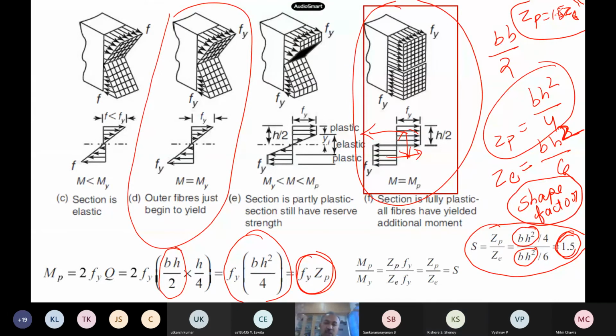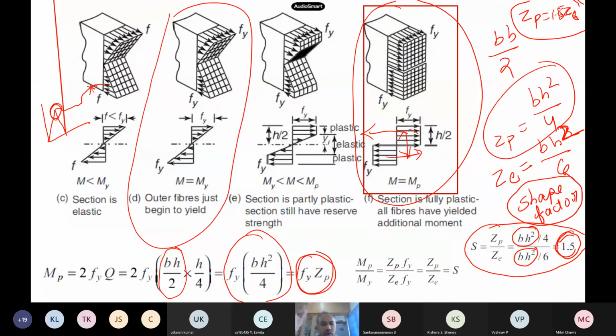Okay, so 50%. As I already told you, our problem is, what is meant by failure for us? For steel, we have drawn this diagram, right? It goes something like this. We had elastic up to Fy, then strain hardening and other things we have seen. But anyway, we are restricting ourselves to Fy itself, because the serviceability criterion also comes into the picture.